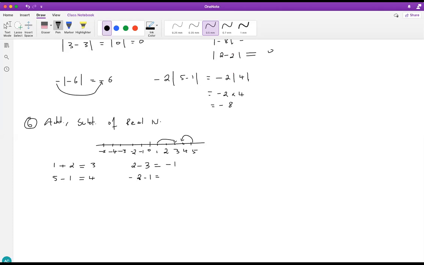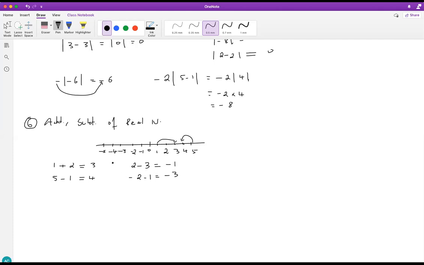So we start from negative 2, which is here. Since we have a subtraction, we go to the left once, and you land on negative 3. So if you ever get confused with these signs, just draw a simple number line like this and try to remember the rules. We're going to write the rules based on this.